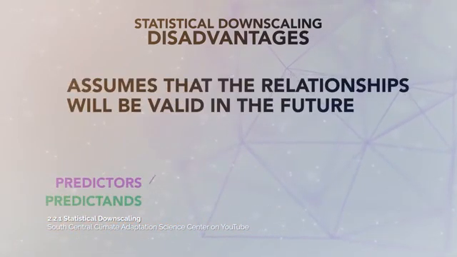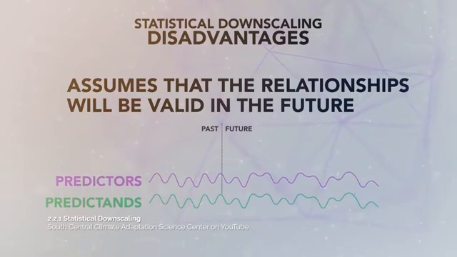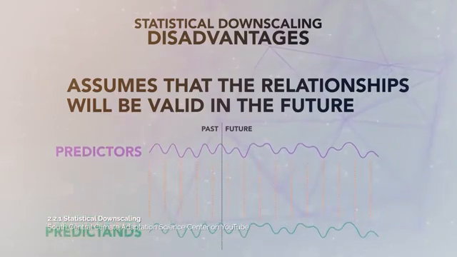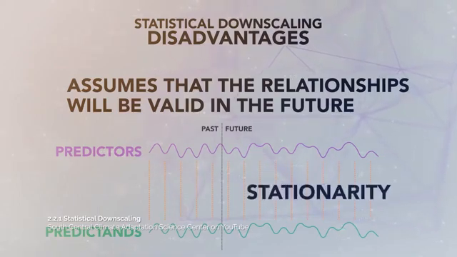Secondly, statistical downscaling assumes that the statistical relationships developed based on observation in the past and GCM output for the same period will continue to hold in the future. However, given that climate change may alter the way that climate functions, this statistical relationship may not remain consistent in the future.